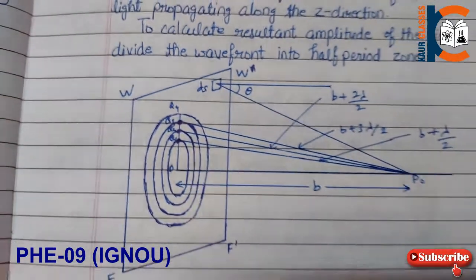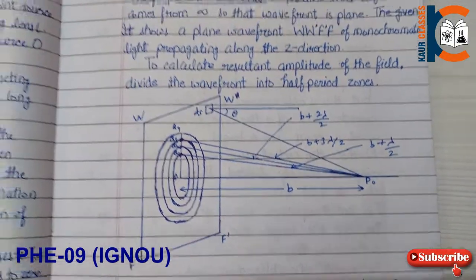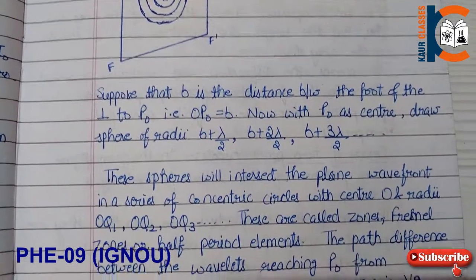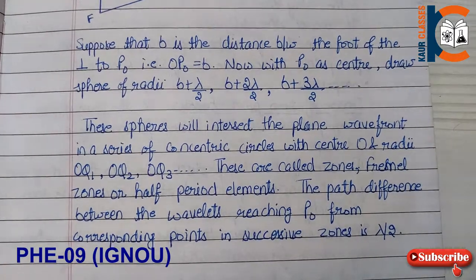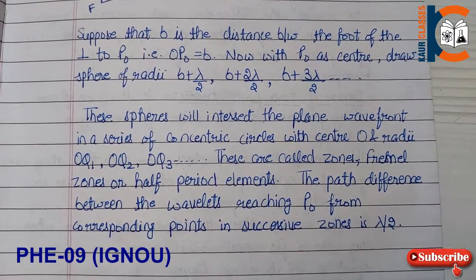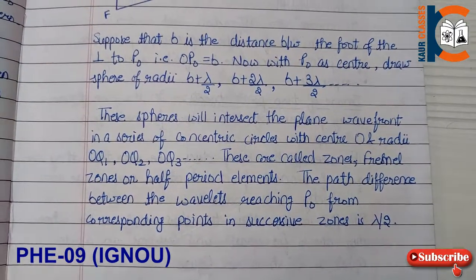To calculate the resultant amplitude of the field, wavefronts should be divided into half period zones. That's why this concept is known as half period elements. By pausing the video, you can note down the formula and points.